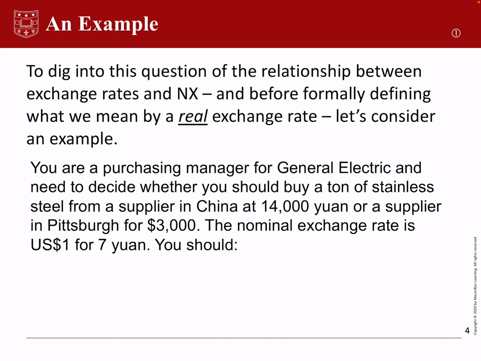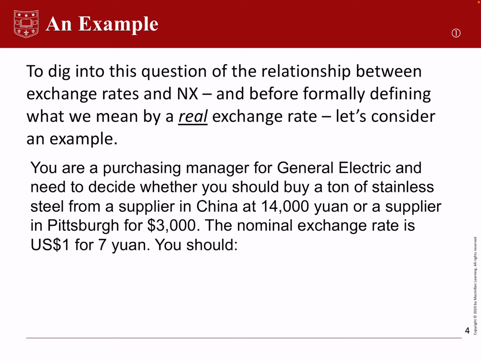So here's our example. You're a purchasing manager for General Electric, and you need to decide whether you need to buy stainless steel. So, should you buy the ton of stainless steel that you require from a supplier in China, where the price is 14 yuan per ton, or should you buy from a supplier in Pittsburgh in the United States, where the price is $3,000 per ton?